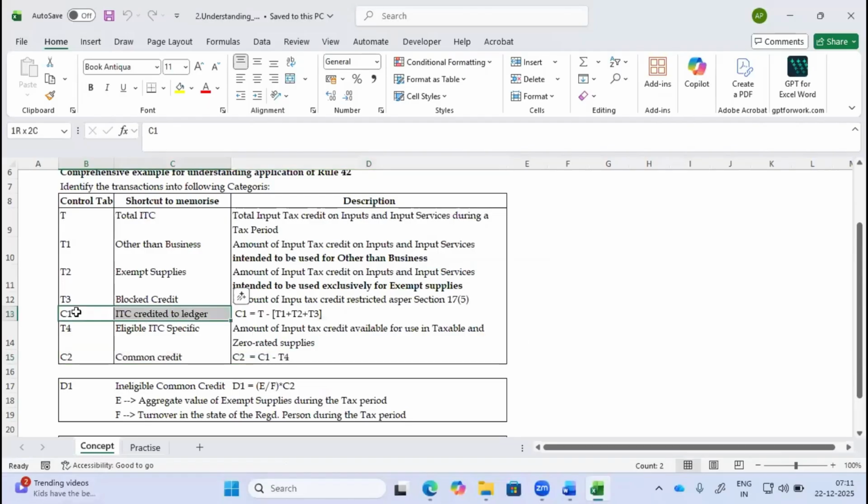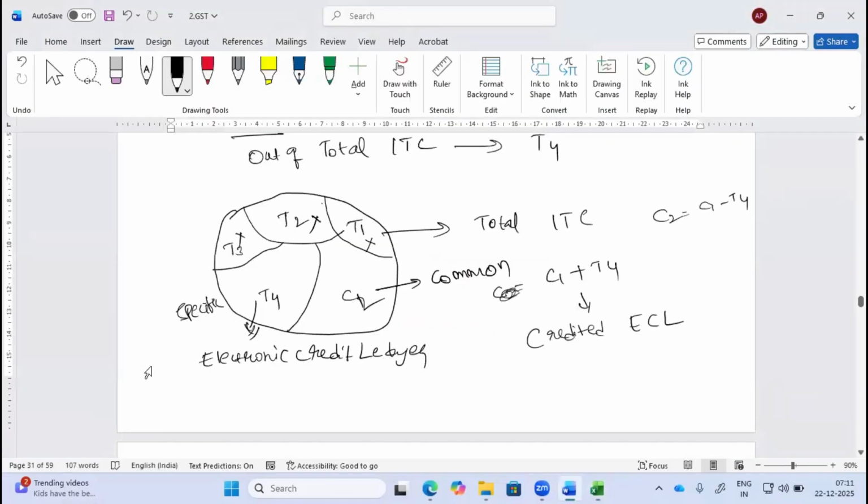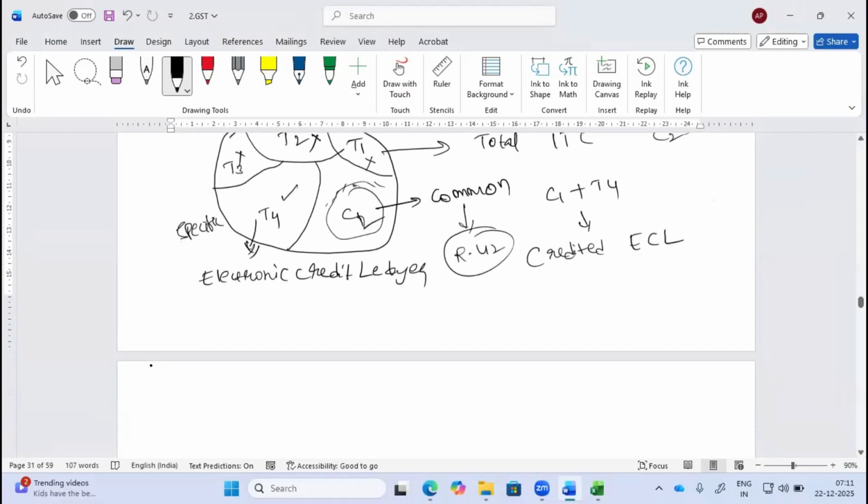My C1 is equal to total credit T, out of that T1, T2, T3 if you remove. That is how they have defined. So government said that let this specific be credited. Let this common also be credited. This particular common credit is something where your Rule 42 comes into picture for identifying how do I reverse.